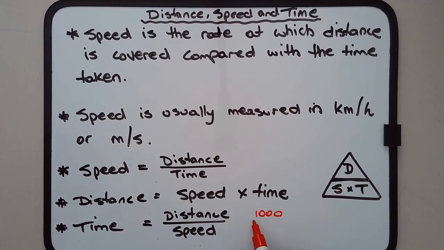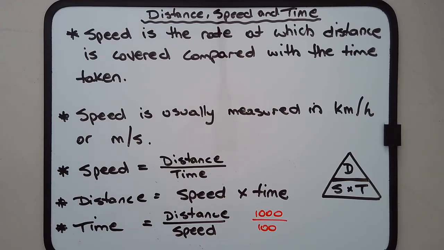And the speed it was traveling at was 100 kilometers per hour. How much time would be taken? 1,000 divided by 100 is 10. It would have taken that car 10 hours to cover that journey, from start to finish, and to cover 1,000 kilometers.